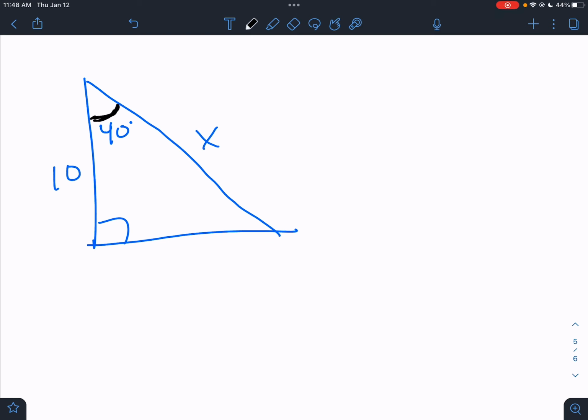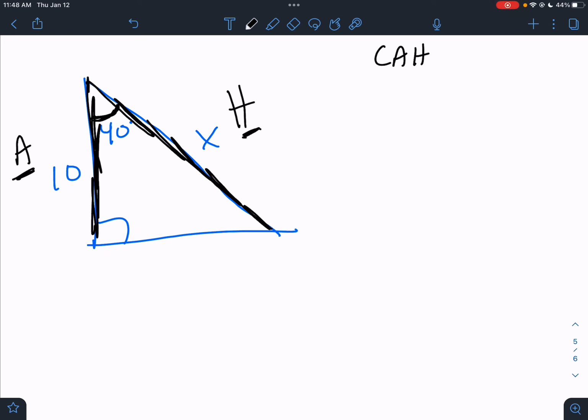How does the 10 relate to the 40? It is the adjacent leg. How does the x relate? It is the hypotenuse. So we have adjacent leg and hypotenuse. The thing we have, adjacent leg. The thing we want, hypotenuse. So that's the ka part of Sohcahtoa. Ka! That's the cosine of the angle is adjacent over hypotenuse.